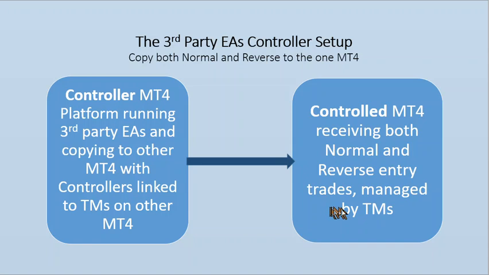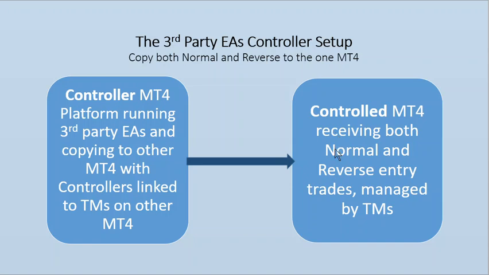And then for each currency pair or each EA, we open two charts and we place a trade manager on each, and we make sure we link a trade manager to the controller via the ID, and we make sure that we manage the trades via the magic number that we assign in the receiver.